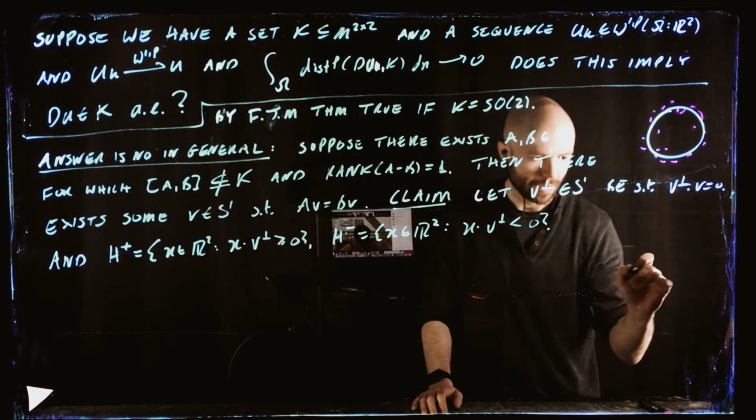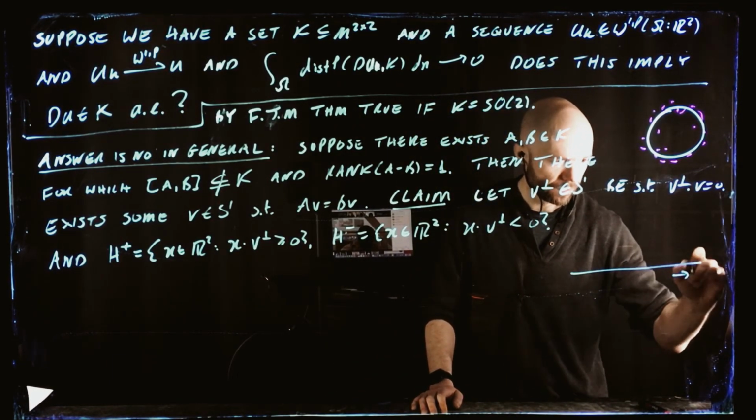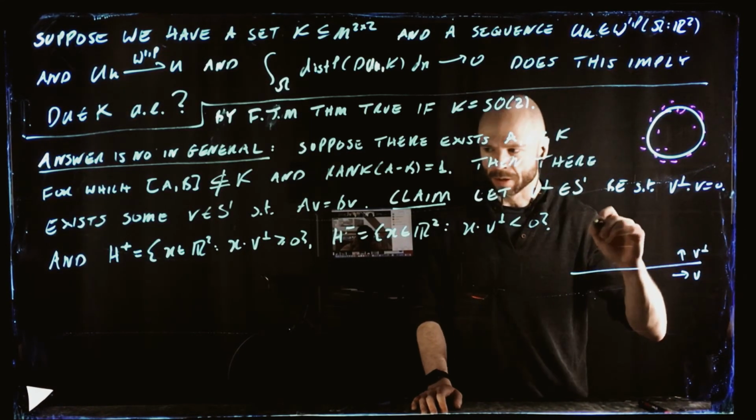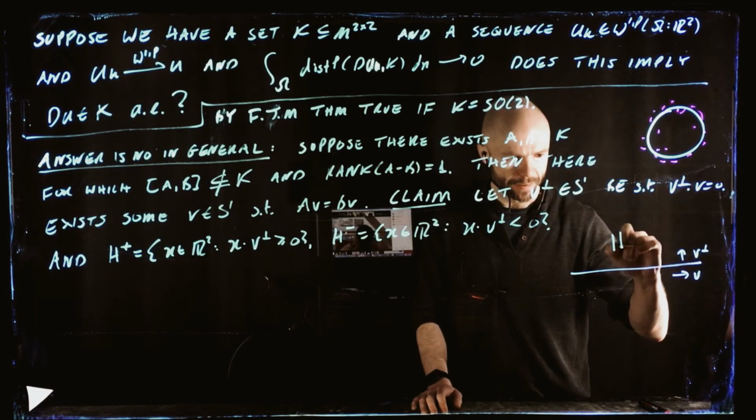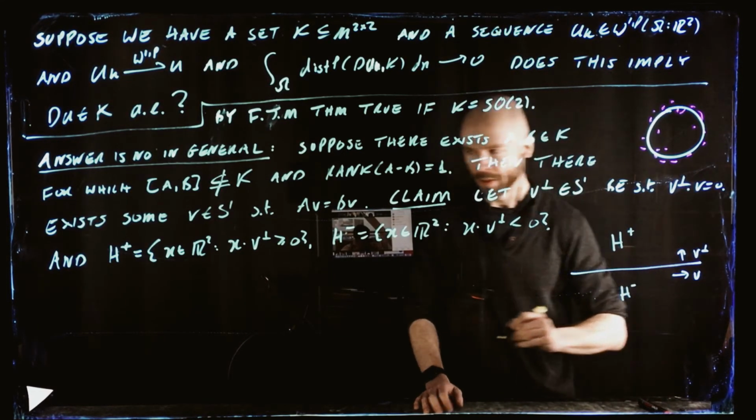So this is direction V, this is V perp. H plus is this half space, and this is H minus, yeah?